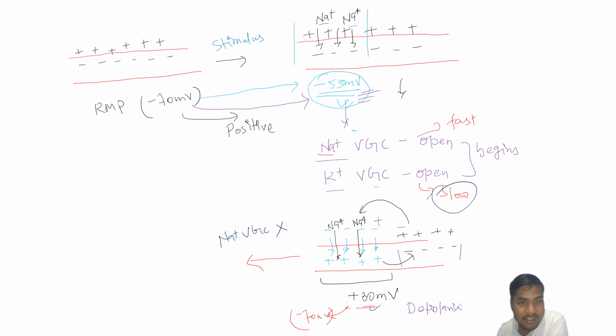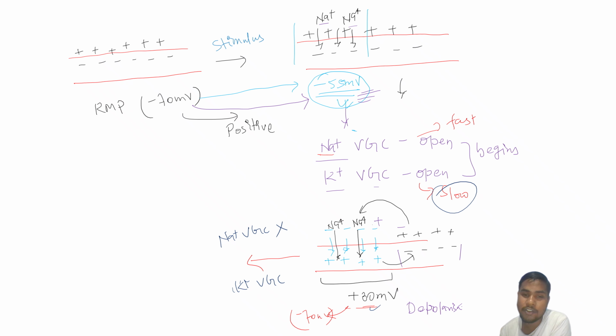So at this stage the K plus VGC opens. Remember, it is very unique biology that it starts simultaneously with the sodium ion VGC, but it opens fully when the potential is plus 30 millivolts, that is delayed opening. But the sodium ion VGC shows fast opening and fast closing.